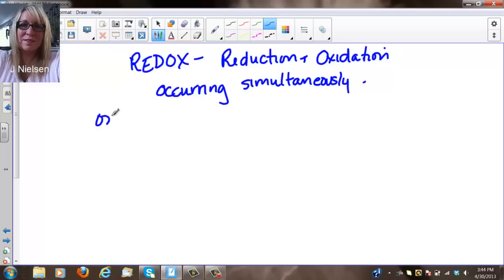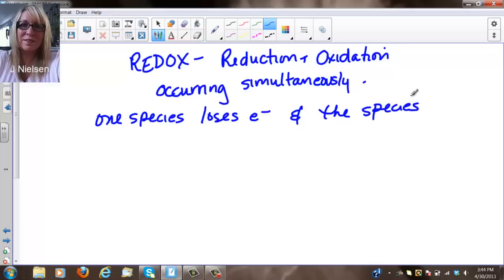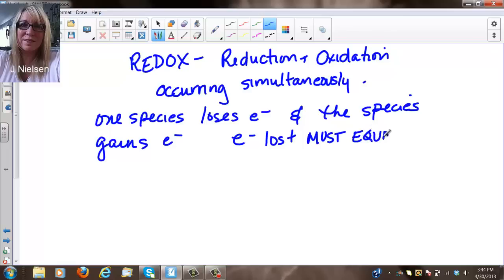So one species loses electrons and the other species gains electrons. So electrons lost must equal electrons gained.